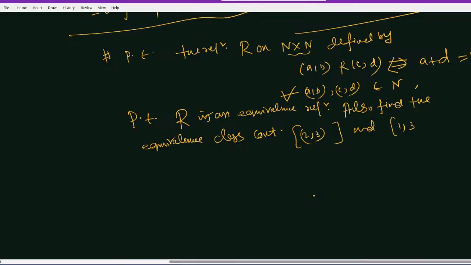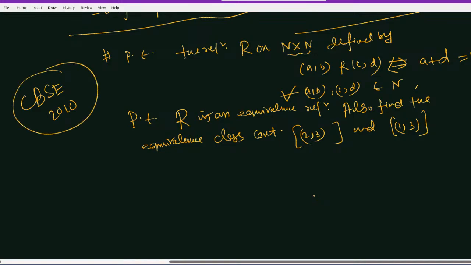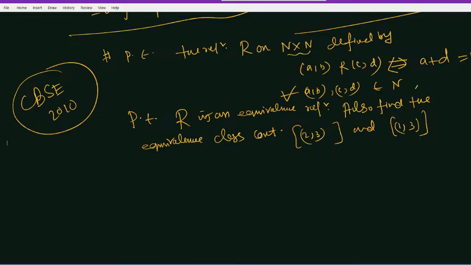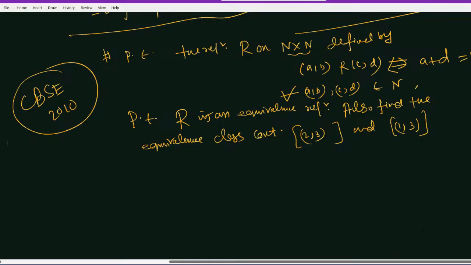Very good question. It came in the CBSE board exam long back, in 2010. Proving an equivalence relation is a challenge. You haven't seen this kind of stuff. And then you have to find the classes containing (2, 3) and (1, 3). Think, then I'll help. Think first how to prove. I'll give you 1 minute.